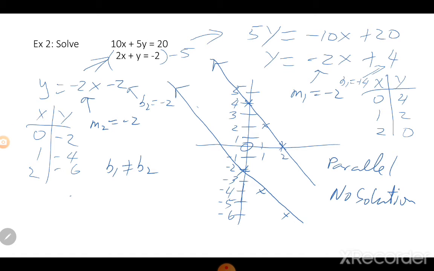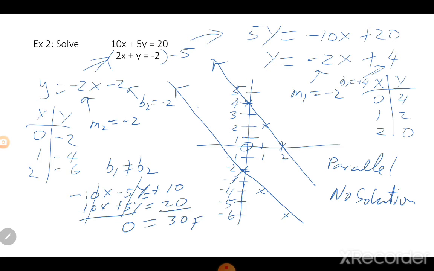So we get -10x minus 5y equal to plus 10. And so now when we put back the first equation, 10x plus 5y equal to 20. So now here, when everything cancels, you need to put a 0 to hold that position. So you get 0 equal to 30, which is a false statement.